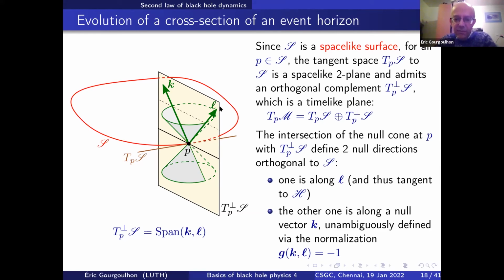This is L, which is tangent to the event horizon, and this is the K, which points in the inward direction towards the inside of a black hole. And we can normalize unambiguously. So we have chosen already L, so that it is a geodesic vector. Now we choose K. We normalize it so that the scalar product with L is -1. Okay, and then we introduce this tensor field.